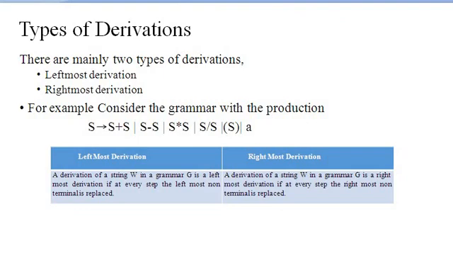In leftmost derivation, the derivation of any string W in a grammar G is a leftmost derivation if at every step the leftmost non-terminal is replaced. While in rightmost derivation, a derivation of a string W in a grammar G is a rightmost derivation if at every step the rightmost non-terminal is replaced.